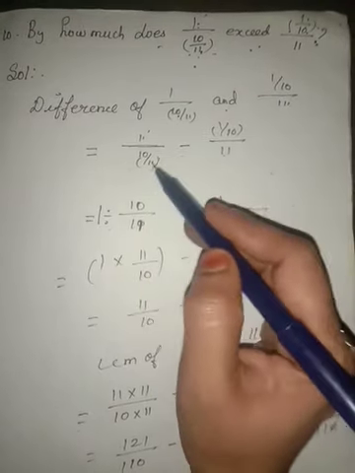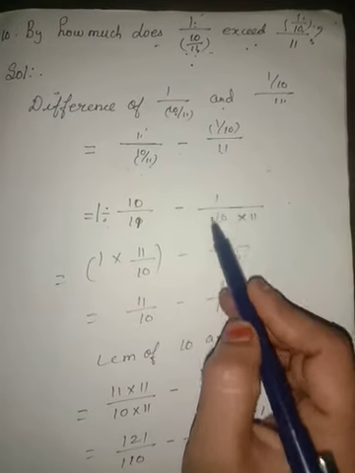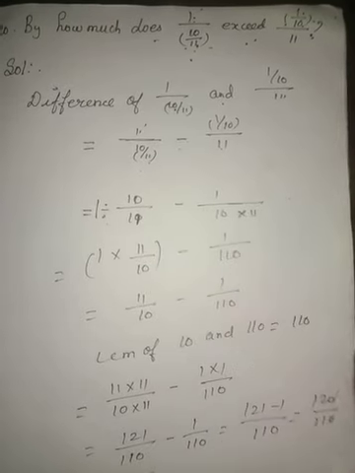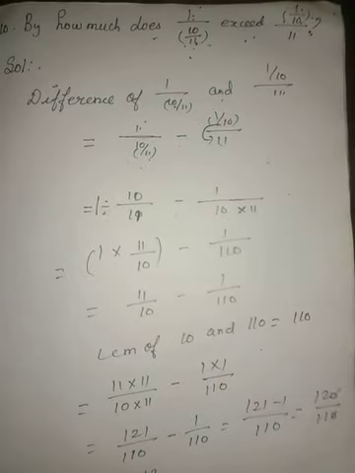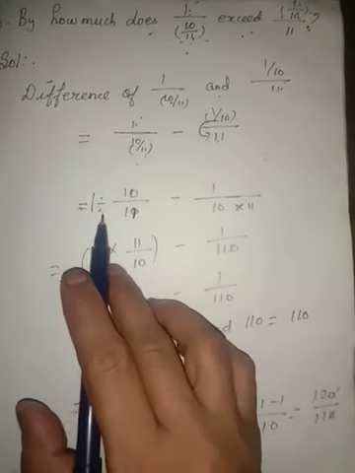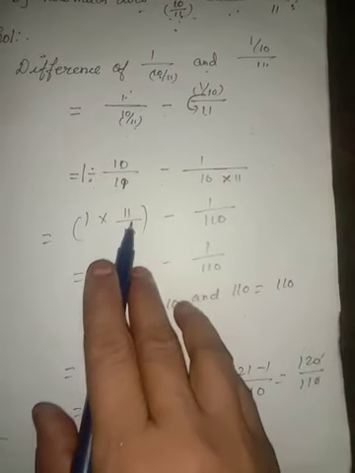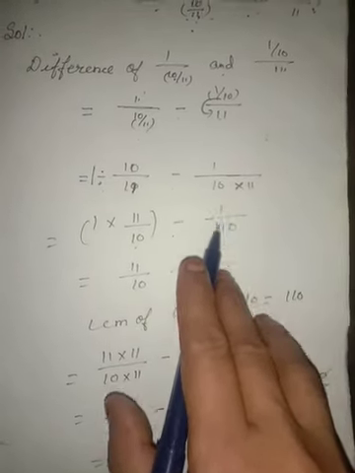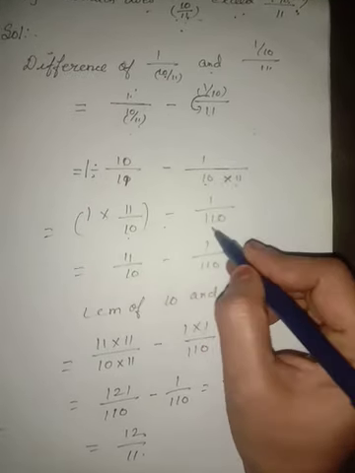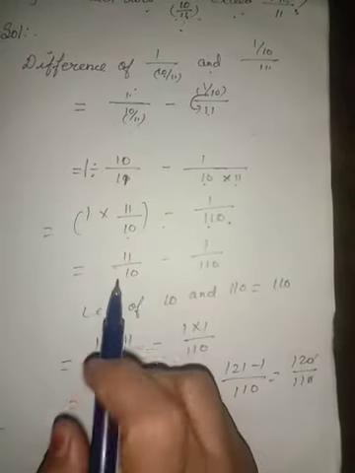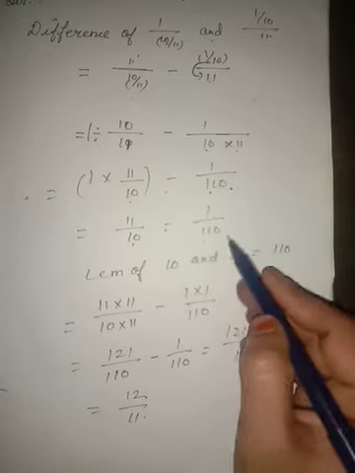It is in division form, so we can write 1 divided by 10 by 11 minus 1 by 10 into 11, because the 11 comes to the denominator. Simplifying these terms, 1 is multiplied by the reciprocal of the divisor, we get 1 into 11 by 10 minus 1 by 110. How do we get the 110? 10 11s are 110. So 1 into 11 by 10 is equal to 11 by 10 minus 1 by 110.